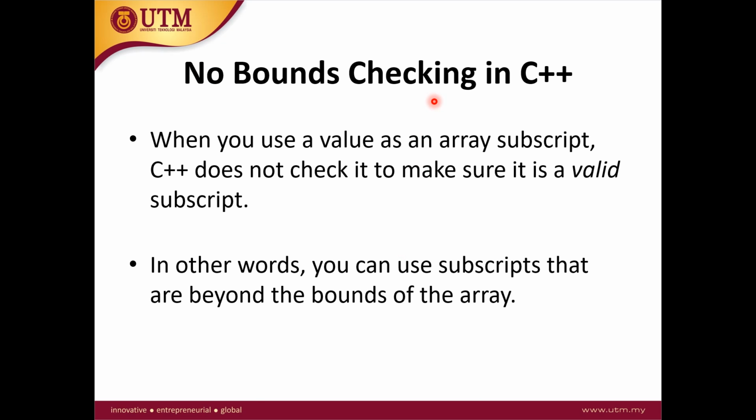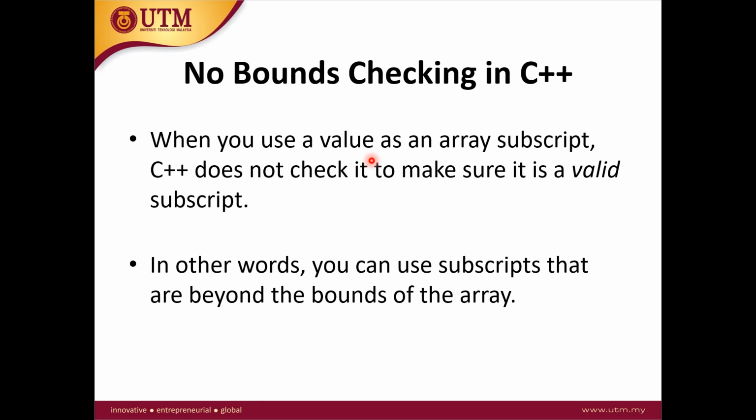So there is something in C++ which is called no bounds checking. What does that mean? That means when we are using an index of an array which is not valid, which is not within the size of the array.